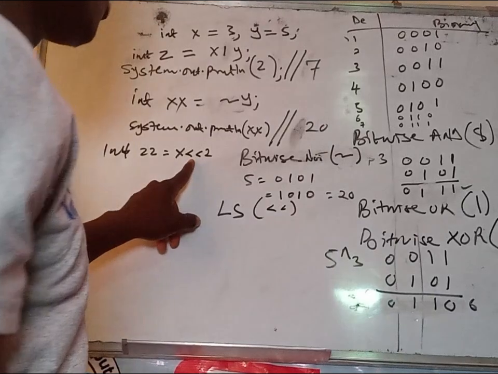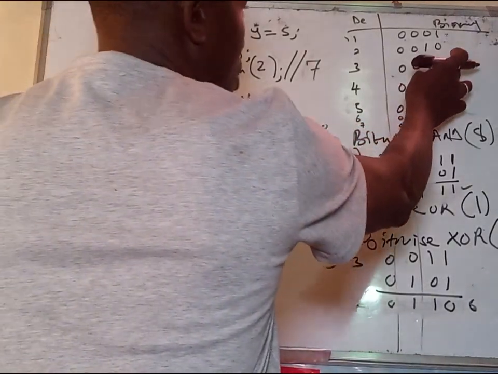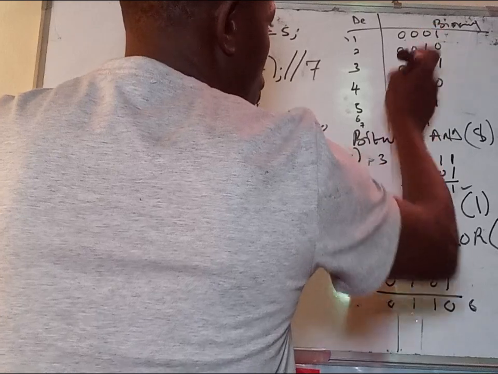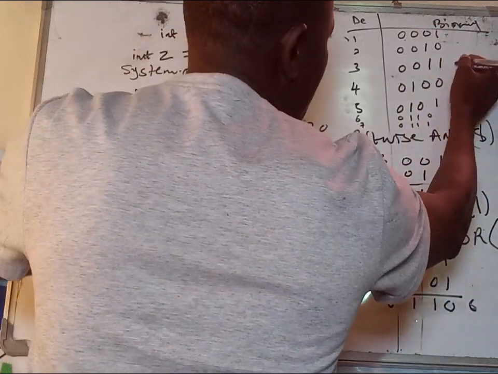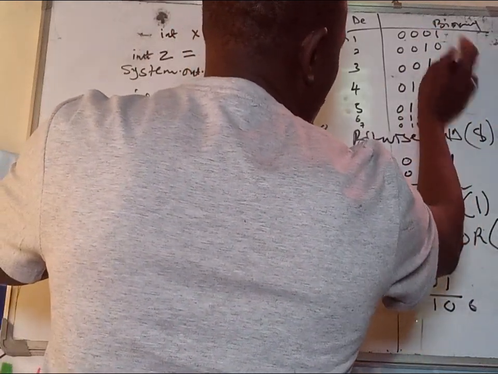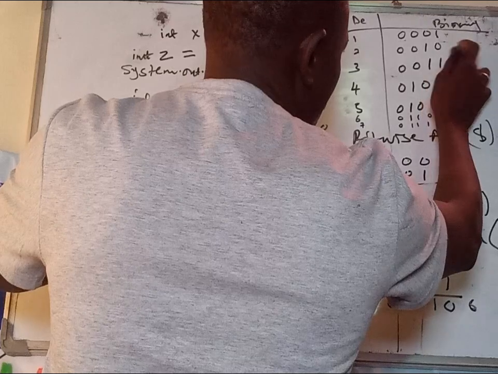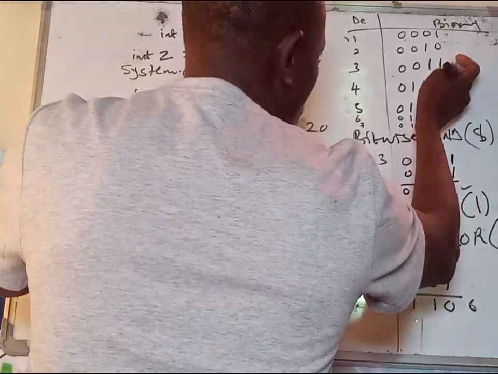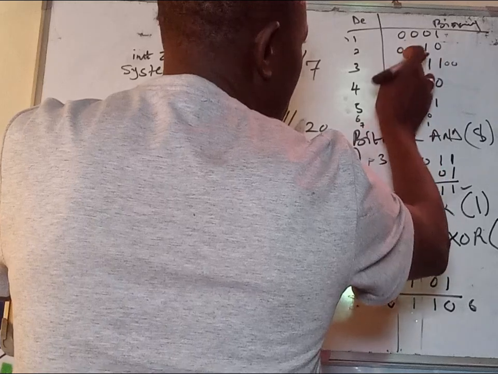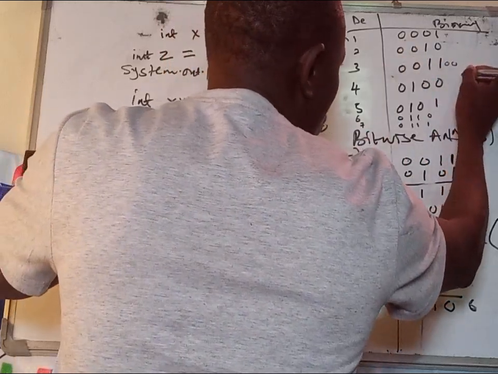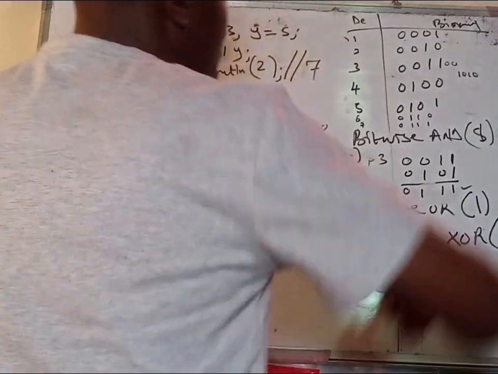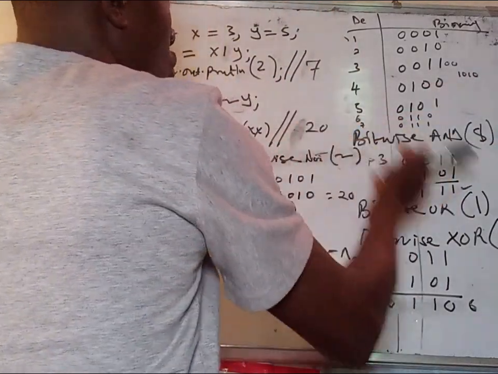So we are going to shift this 3 by 2. Definitely, we add 0 here, 0 is added. So this moves, and it is going to return 1010.